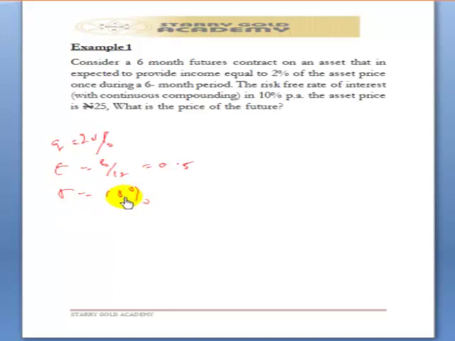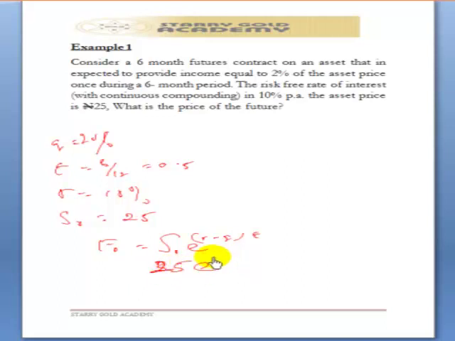The asset price is 25. That is S0. Stock price is what? 25 naira. What is the price of the future? What we do, according to the formula I gave you before, is S0 e to the power of (R minus Q) into T. And what is S0? 25.